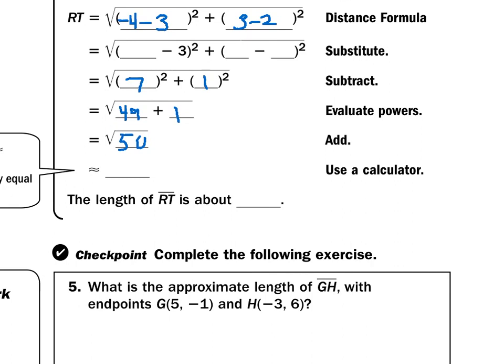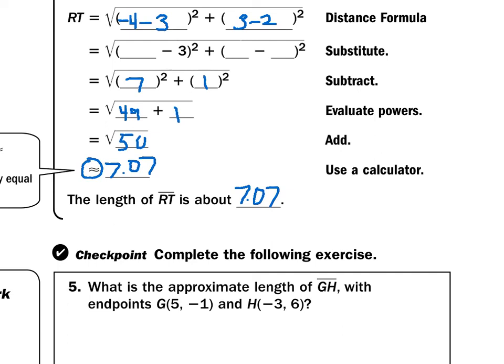So let me look real fast. Okay, square root of 50 is about 7.07. This little line here means approximately. So again, the length of RT is about 7.07.